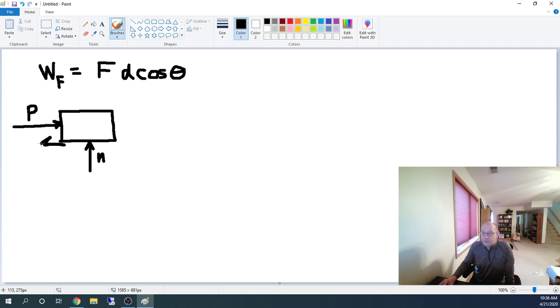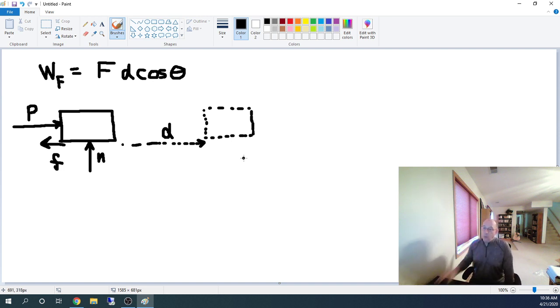Then let's say there's a frictional force to the left, so I'm going to use little f to indicate that. Let's say that this crate is moving to the right so that at some later time its position is further to the right of where it was before. So it has moved, and I'll use a dashed line here, a distance d to the right.